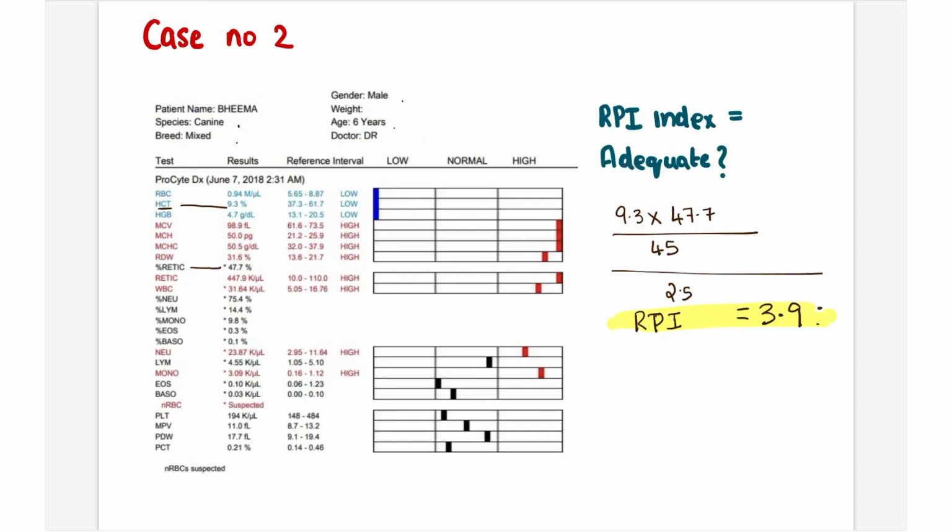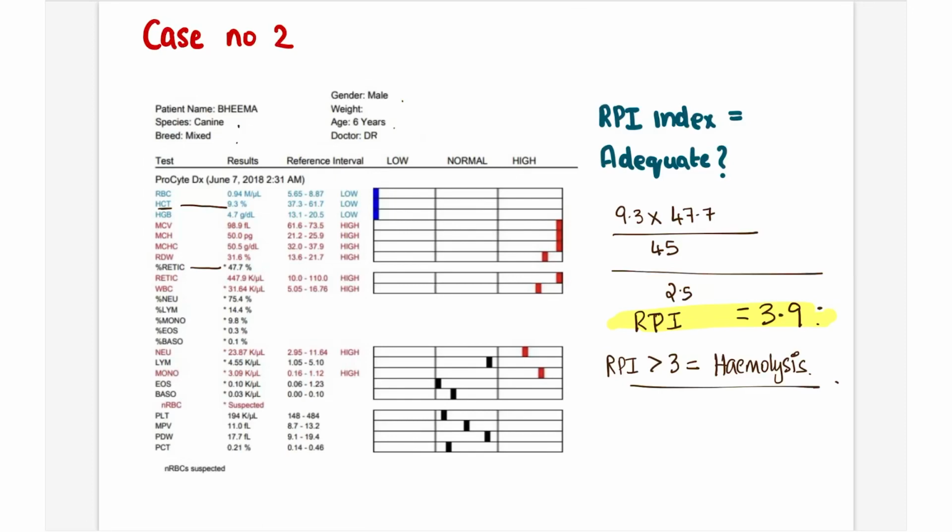As we know, an RPI more than 3 can only occur in hemolysis. So this dog can have ongoing immune mediated hemolytic anemia, so we need to proceed in diagnosing what is causing the hemolysis, whether it is extravascular or intravascular, and we should also rule out blood parasites, because Babesia gibsoni can cause intravascular hemolysis.